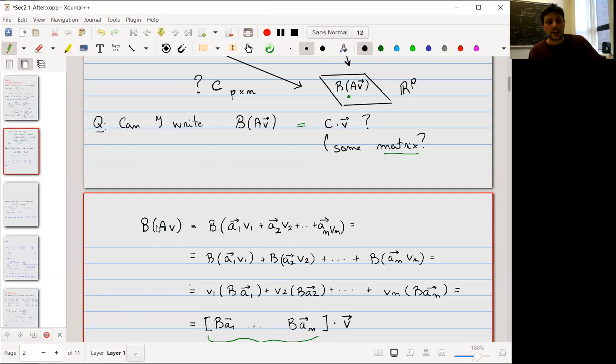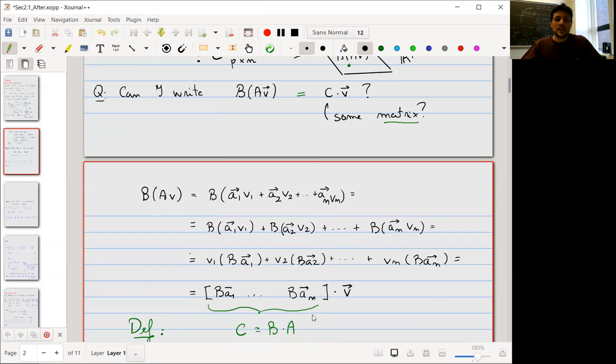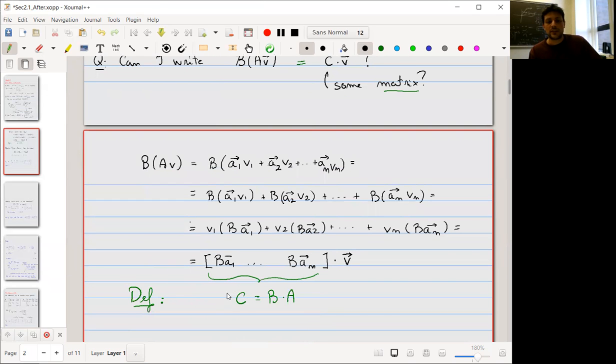Therefore, if we want to write B times AV as a matrix times V, then the matrix C that we're looking for, which we define to be the matrix B times A, must have columns BA1 through BAn.